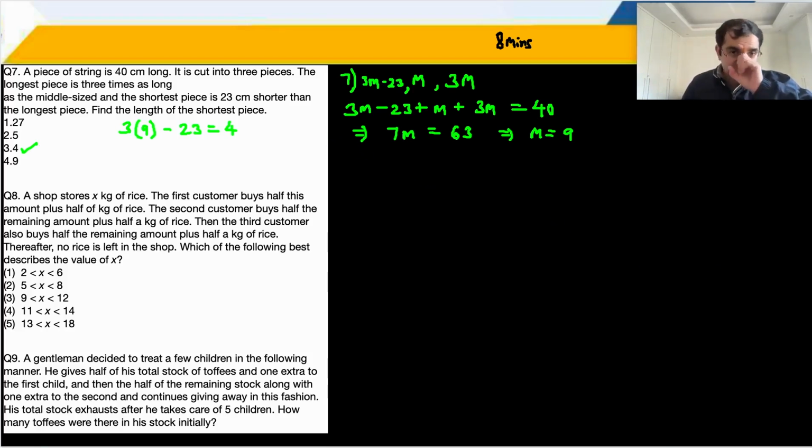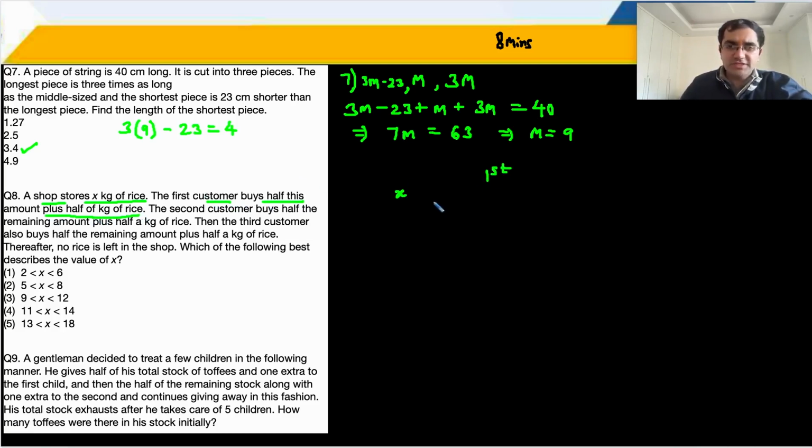The 8th question is a concept, but first I'll go by the traditional method of solving. A shopkeeper stores X kg of rice. So we'll start with X kg. The first customer buys half this amount plus half kg rice.